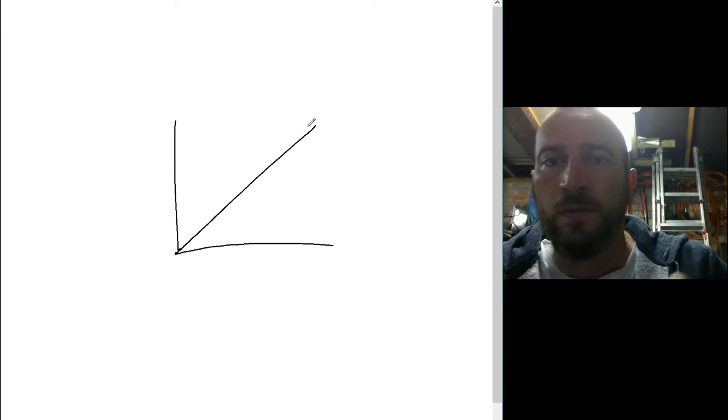We're going to use a simple graph, the most simple graph I can possibly think of. Here it is. Make sure the line's big enough. There you go.